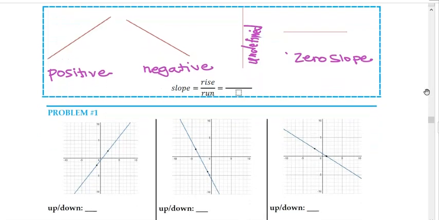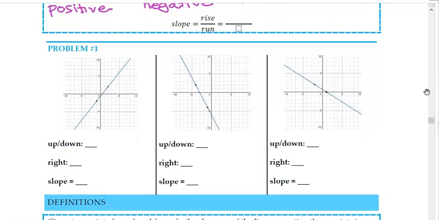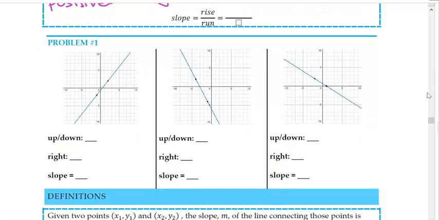All right, let's use this idea of rise over run to help us figure out the slope looking at a graph. First thing that we're going to look at is how the graph is moving from one point up or down, and then what it's doing, going left or right.